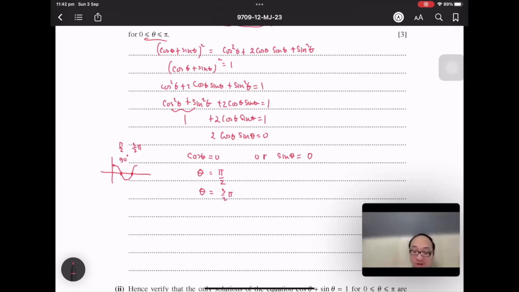And for sin theta is 0, this is the sine graph, it's 0 at 0, pi, and 2 pi.